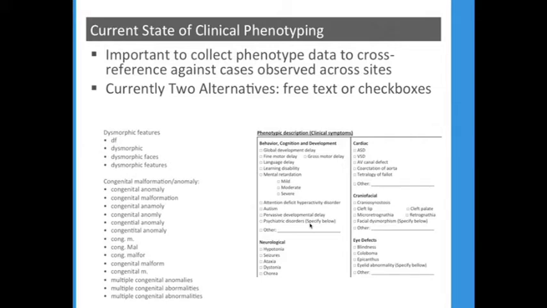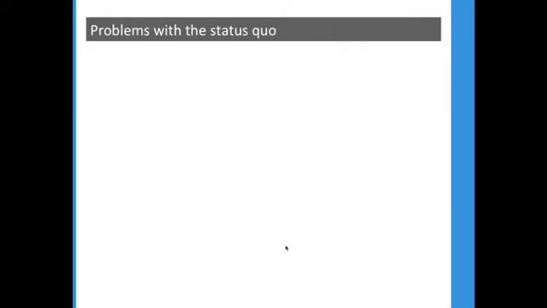And in reality, many of these terms have extensive subterms and sub-subterms, which could be relevant for describing a patient, but you can't ask a huge number of questions on one page. So we really saw that both of these alternatives are insufficient.